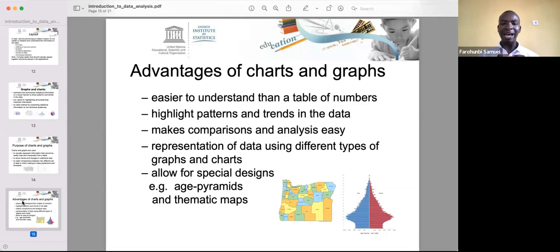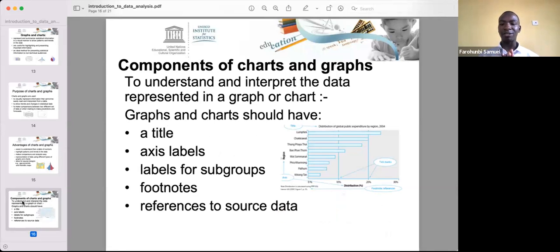So charts help us to highlight patterns and trends in the data. It helps us to make comparison and analysis very easy. And it helps representation of data using different types of charts and graphs. You can have different designs, you can have age pyramids, you can have thematic maps. Data analysis is applied in different areas, in different ways.